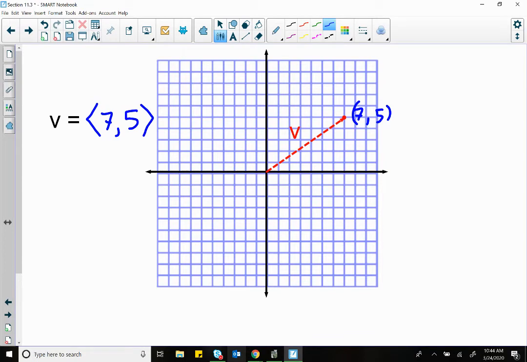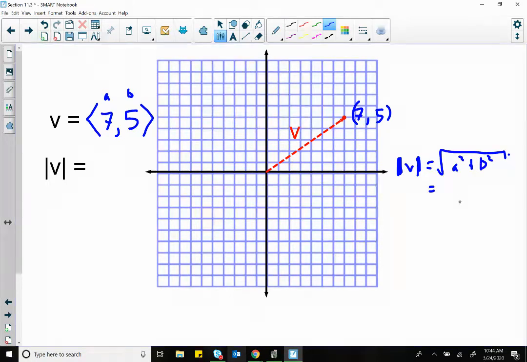If we want to talk about its magnitude, so if we want to find the magnitude of this, all we're going to do is, this is my A, this is my B, that little Pythagorean theorem type distance formula, okay? So the magnitude of V is equal to the square root of A squared plus B squared.